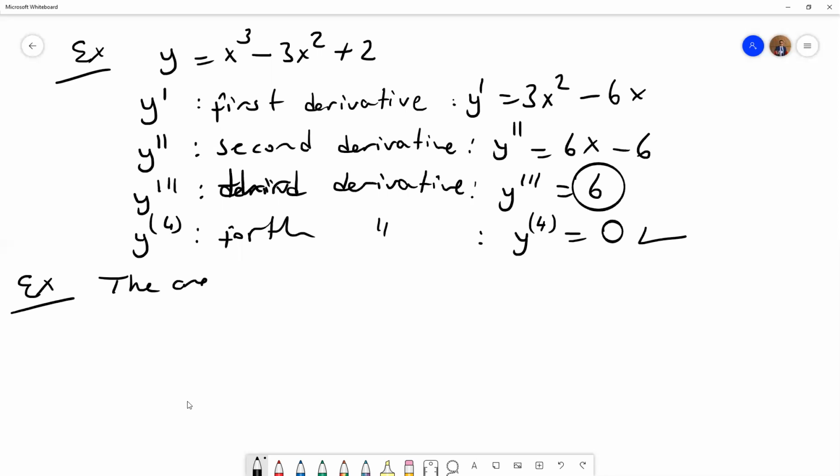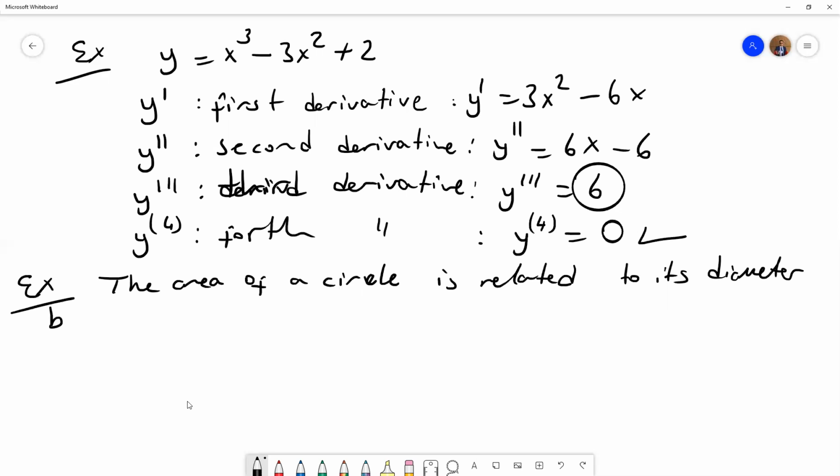The area of a circle is related to its diameter by the equation. We have this equation, pi over 4 d squared.